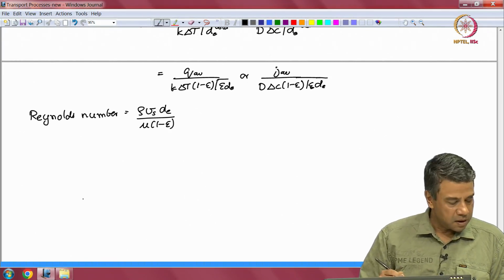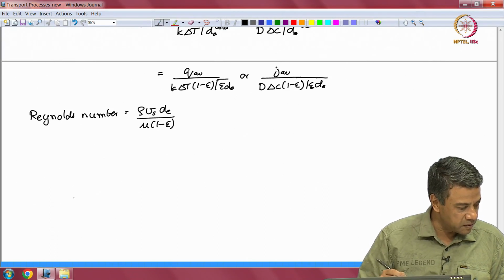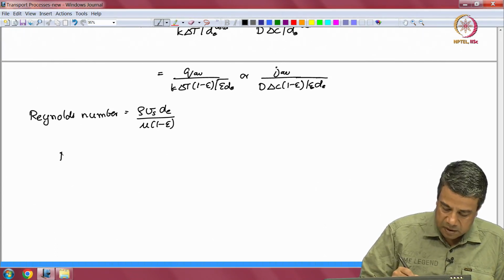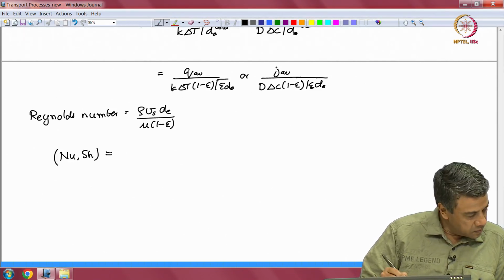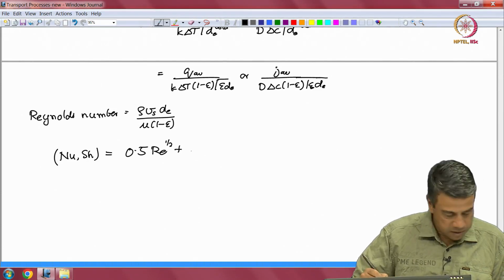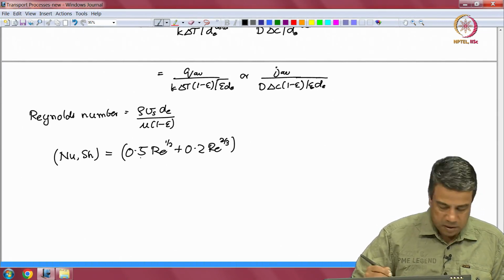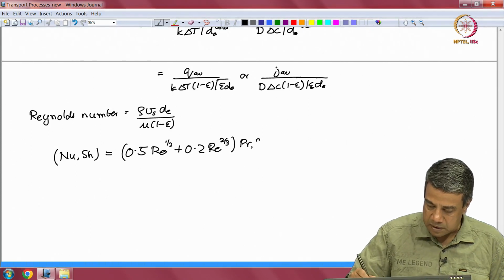Okay. And the correlations for the flow through a packed bed for the Nusselt and Sherwood number are typically of the form Nusselt or Sherwood number is equal to 0.5 Re to the power half plus 0.2 Re to the power 2/3, okay, times the Prandtl number or the Schmidt number to the power 1/3.